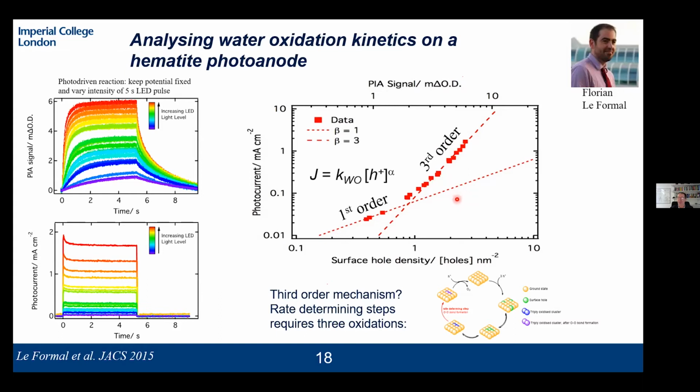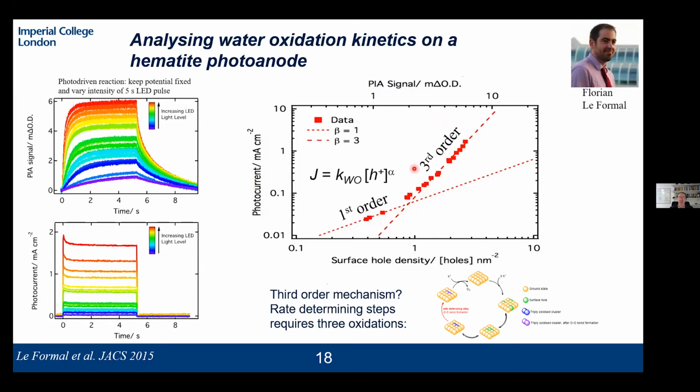We actually hadn't expected that. I don't think anyone had expected that. At least I certainly hadn't. But this is what we observe experimentally. It appears that there are 2 different operating regimes. One regime where we can imagine at low hole densities that the holes don't really see each other on the surface.